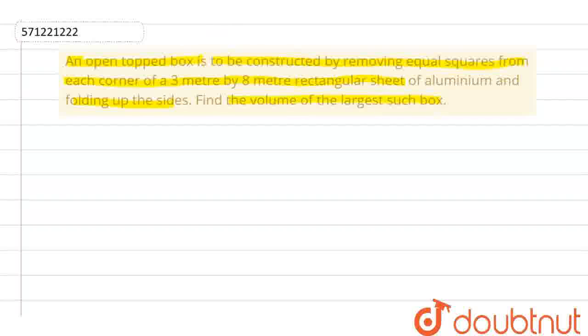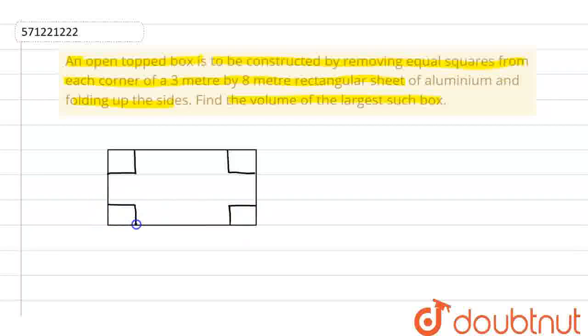So making the box, we have a rectangular sheet, like this, and it is also said that it has corners removed as equal squares, like this. So give it a name, x, x, x, x, x, x, and it is given 8 meter.